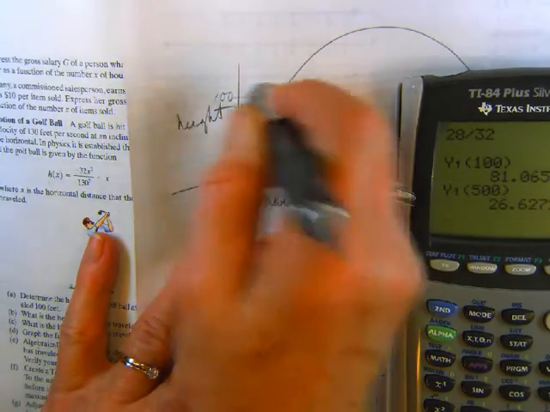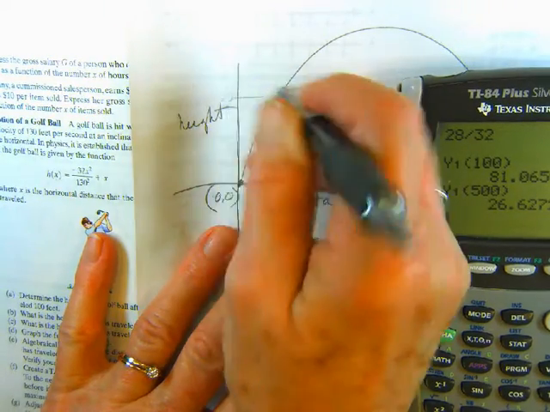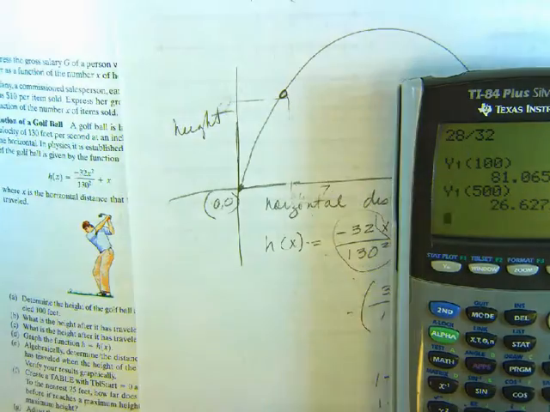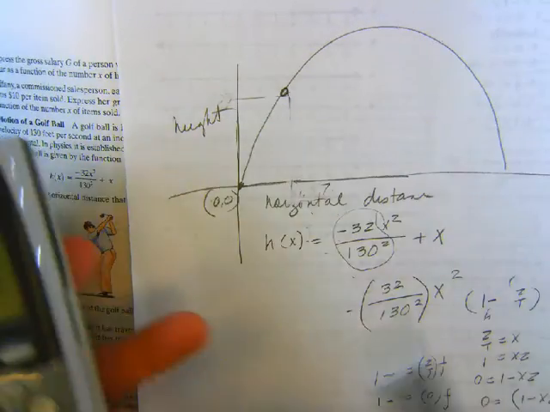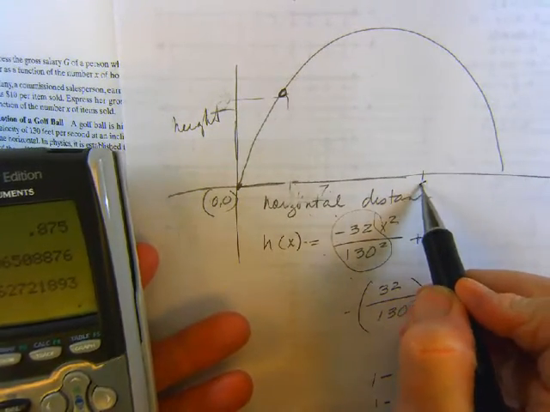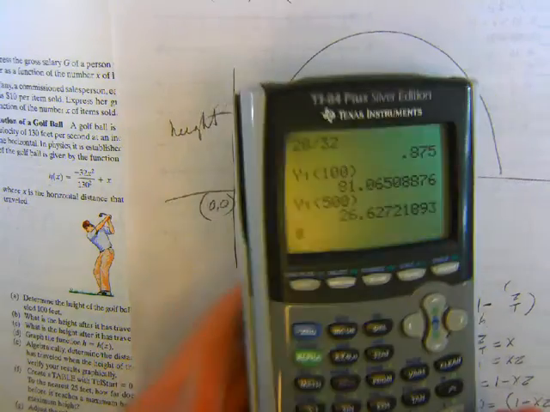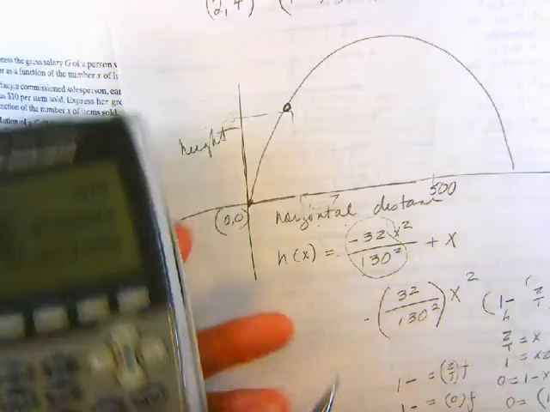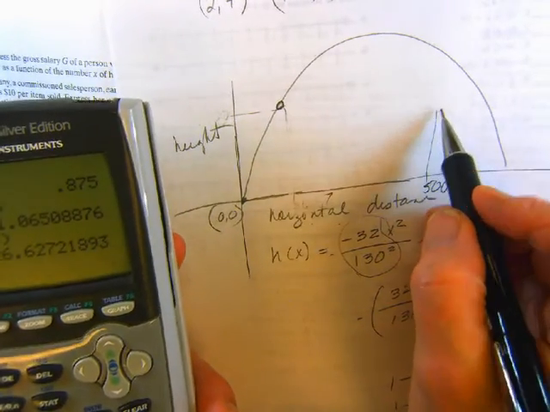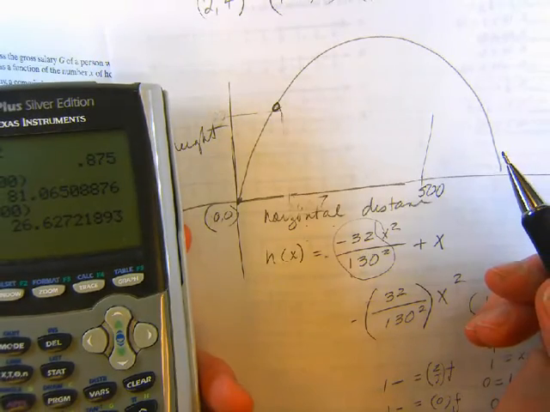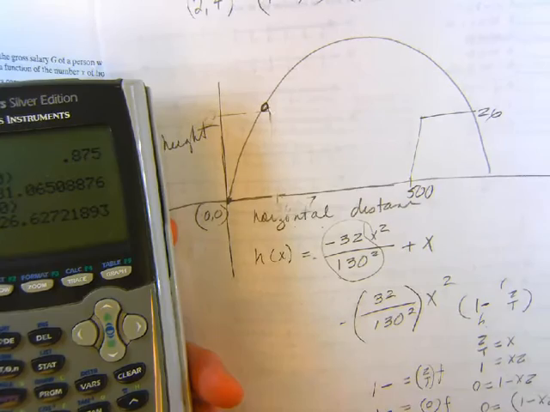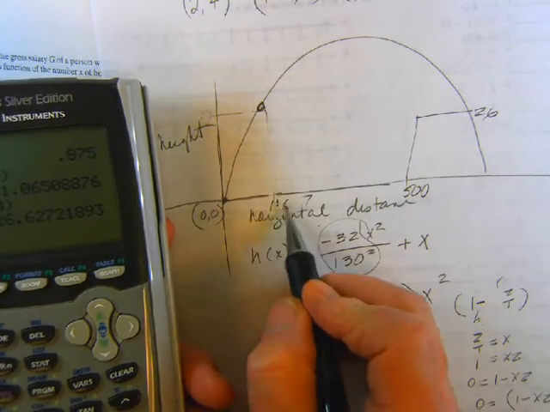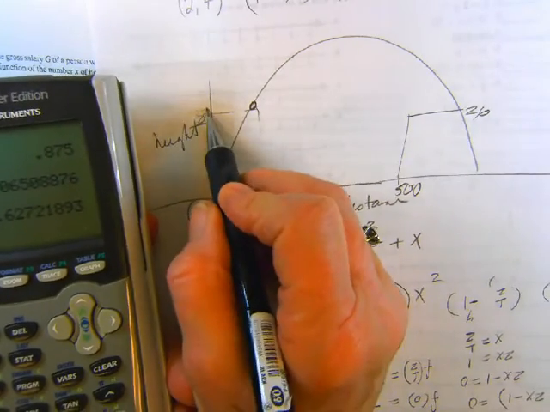This is what's going in place of your X. So this is saying when I've gone 500 feet, my Y value is 26. Here it was 181. Now my graph is not at all proportional, but you see what I'm saying?